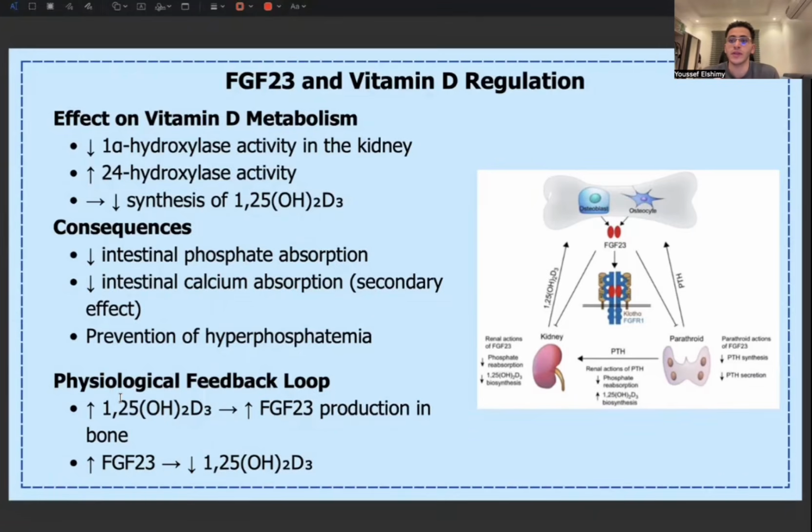So in order to prevent the high rise of those molecules, it leads to the production of FGF23. And what are the effects of FGF23? It leads to decreased phosphate mainly, and calcium levels. So FGF23 also does a negative feedback by decreasing the vitamin D levels, the active form.